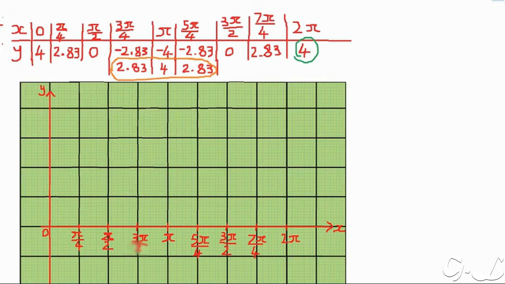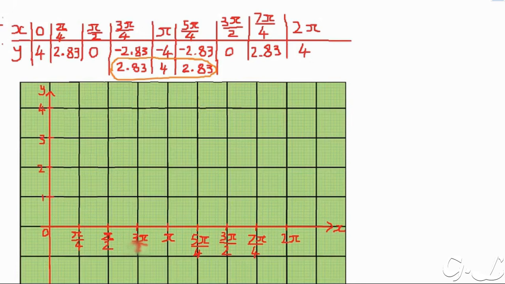And then let's go to the y coordinates. What we need to check is that our highest is 4. So we have positive 4 on the y coordinates, and then we also have negative 4.